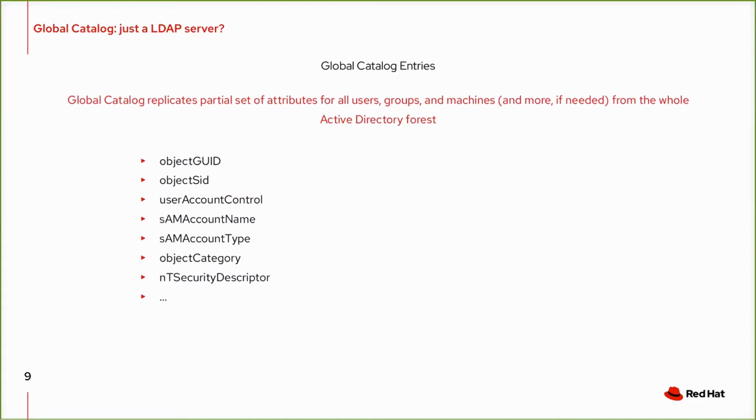The global catalog also has specific attributes that it relies on, for instance, the object GUID, object SID, etc. And it means that if we want to implement our own global catalog, we need to have a method to populate the values for all those attributes.